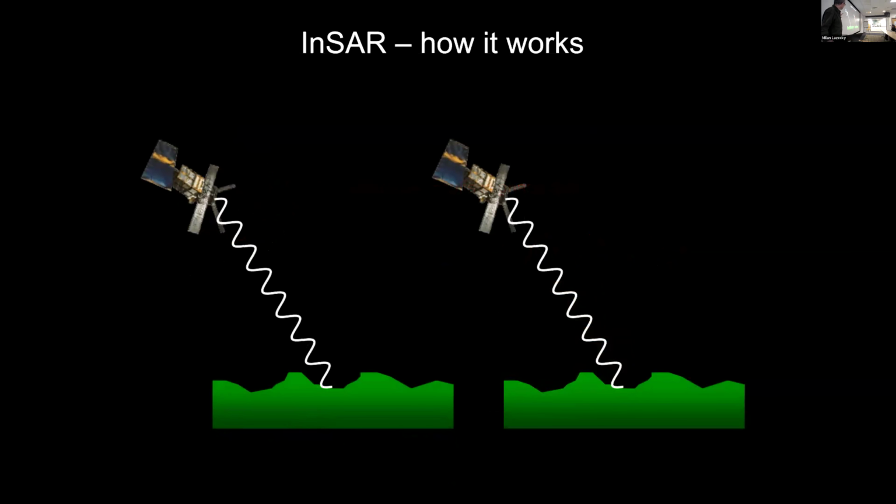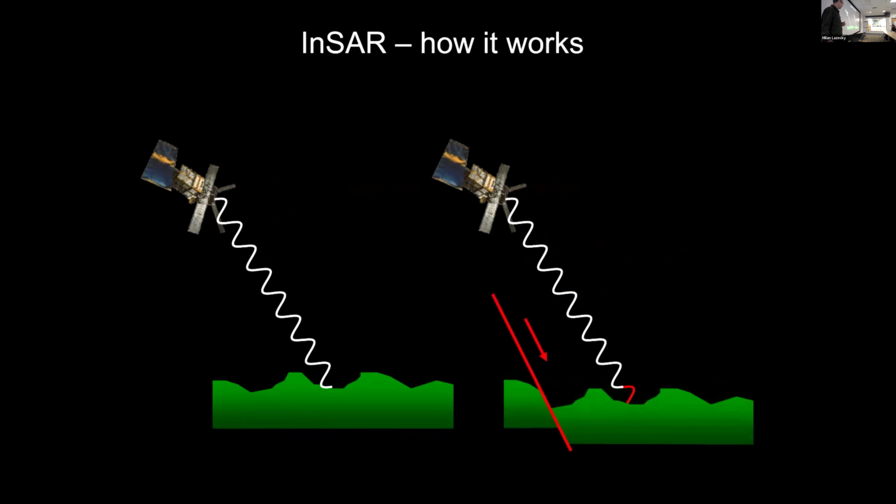Now, if we come back to exactly the same point in space, or make some corrections so it's as if we did, and I'll talk about those corrections later, then if the ground moves there's a change in the path length, and we can measure that change. That's fundamentally what all InSAR is: measuring those small changes very precisely.